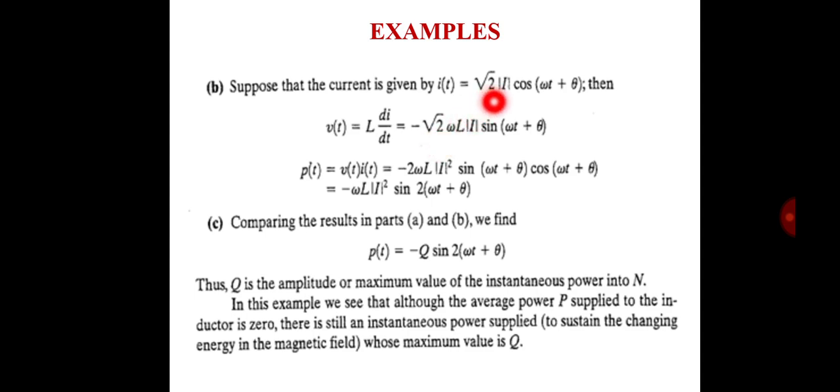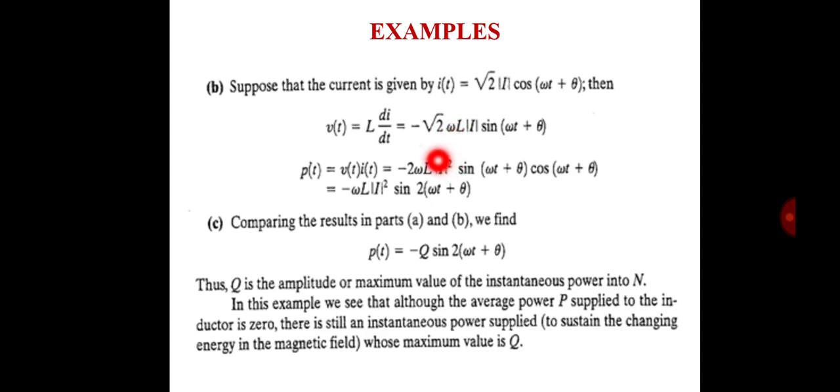I is also constant, so write I. Now the derivative of cos(omega t plus theta) is minus sin(omega t plus theta). So give the sign minus and sin(omega t plus theta). Again the derivative of omega t is omega, so write the omega.